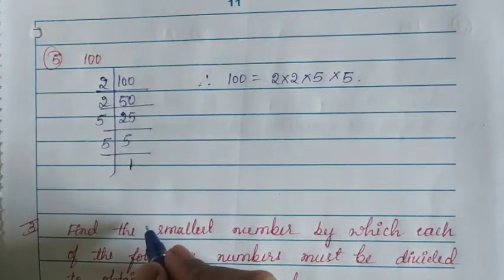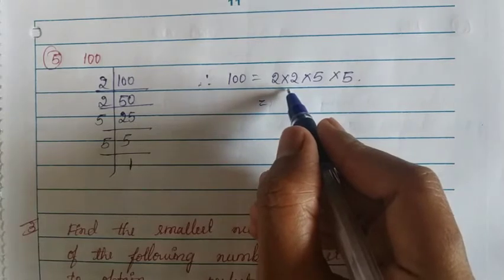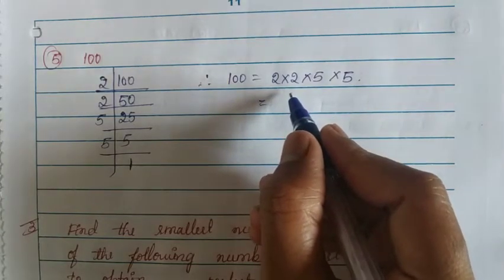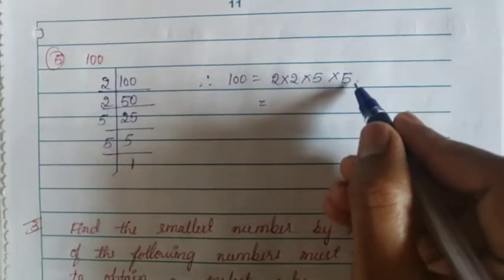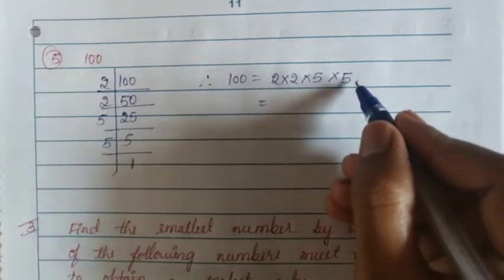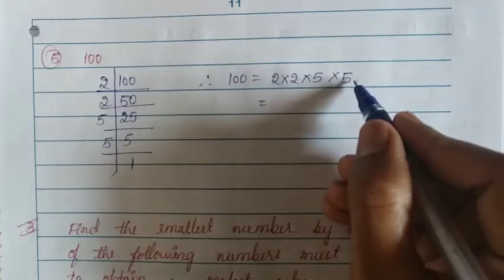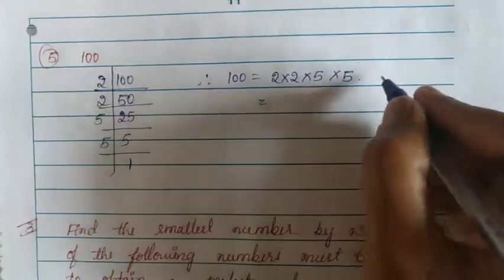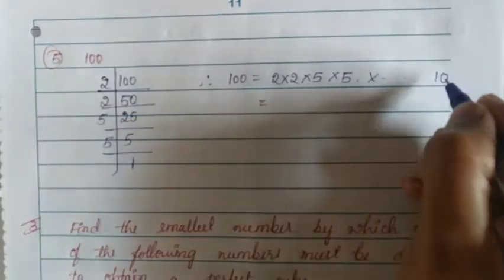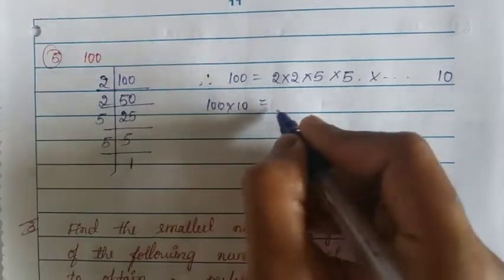See children here. For the cubing of 2, another one number is needed. For the grouping of 5s, another one 5 is needed. Yes, totally how much is needed here? 2 5s are 10. 10 is multiplied on both sides, 100 into 10.